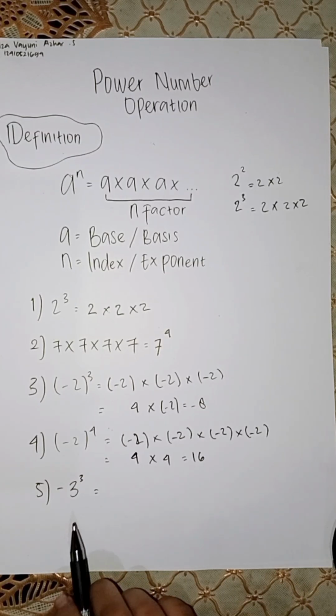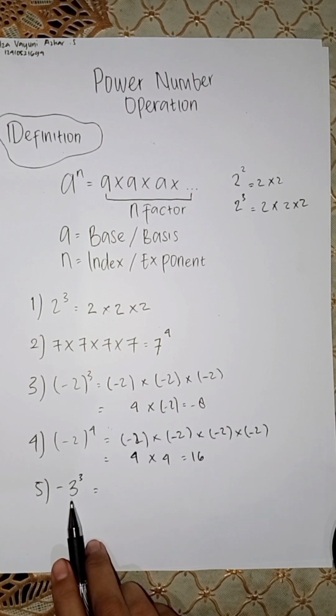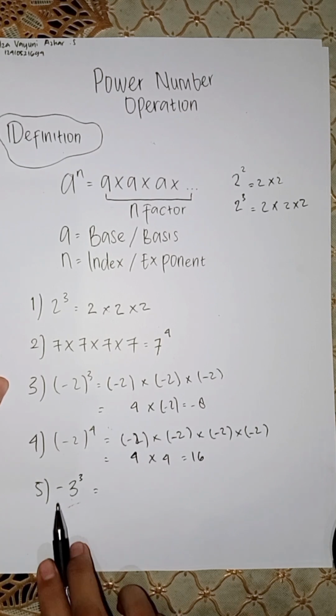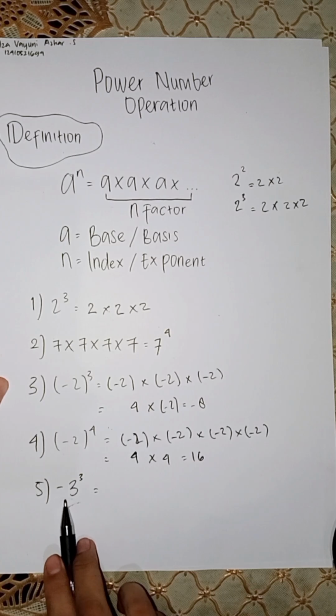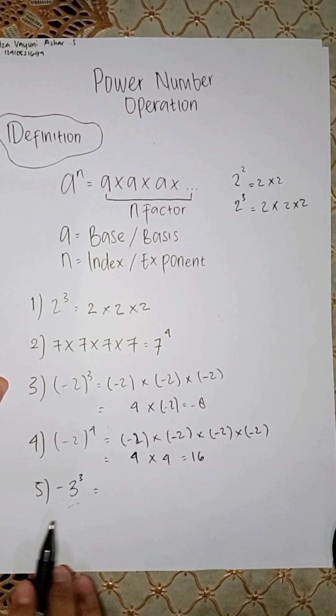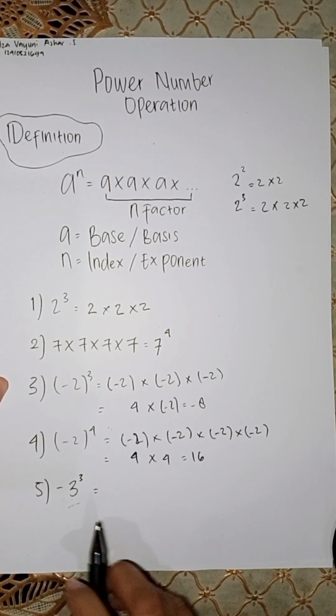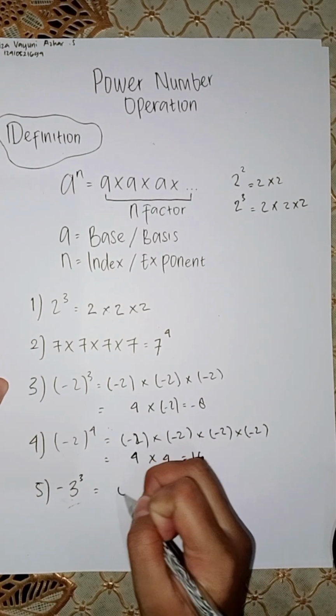Next, if the form is like this, then we only multiply the numbers, not including the negative. The result of what is multiplied is 81.